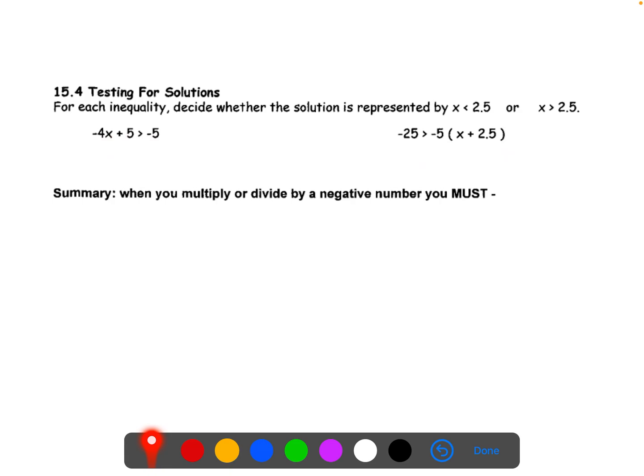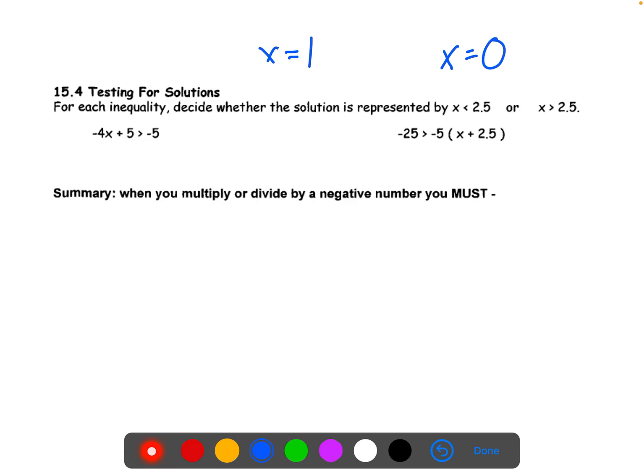And what I mean by that is think of a number that's less than 2.5 that we could try in both of these inequalities to see which one it works in. Think easy numbers. Think of an x value less than 2.5. Maybe think of x is equal to 0 or x is equal to 1.